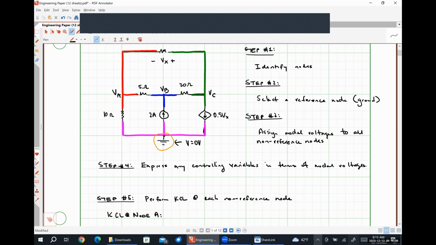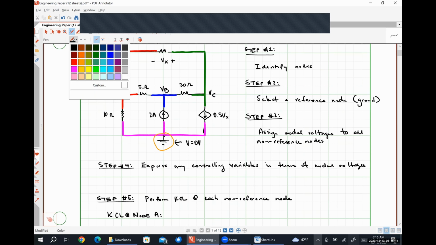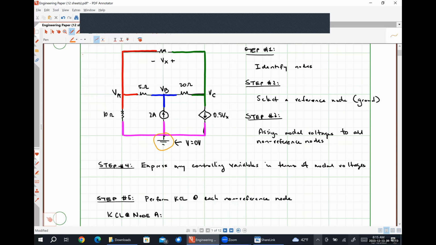Okay. All right, so for this particular circuit, we only have one dependent source, so we only have one controlling variable. Our controlling variable is this voltage Vx. So this voltage Vx is controlling our dependent source. So we need to figure out how to express that voltage Vx in terms of our nodal voltages. For a voltage, it's particularly easy, okay?